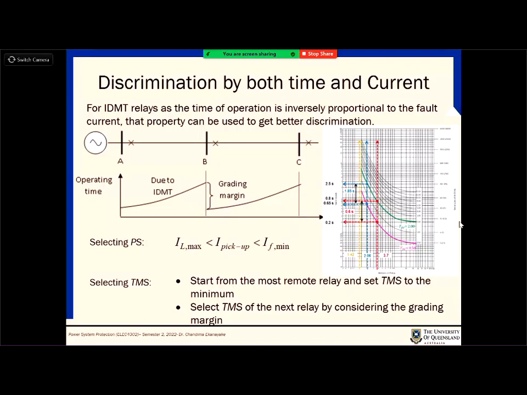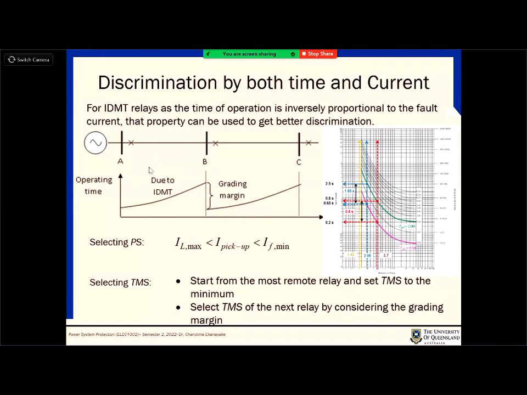The lowest value. And then my operation looks like this. Say when you are moving from C to B, the operating time decreases along this curve down to here. Now what I do, when I come here, now relay A should look after me.